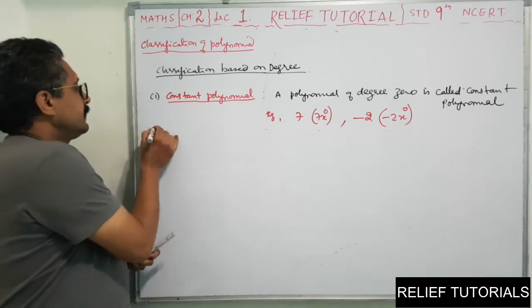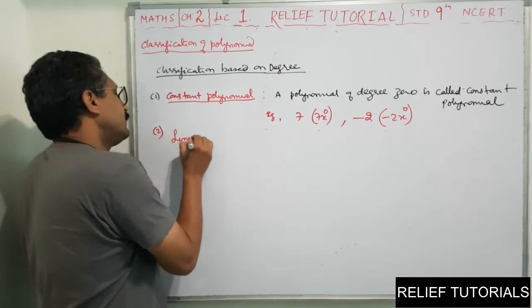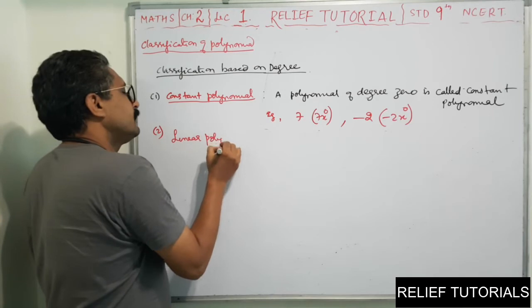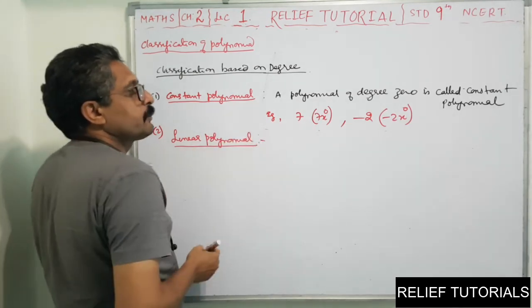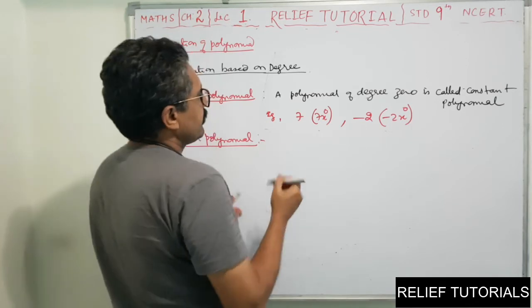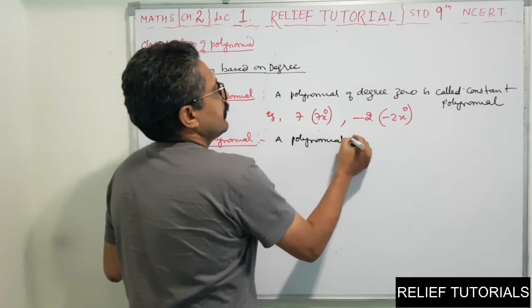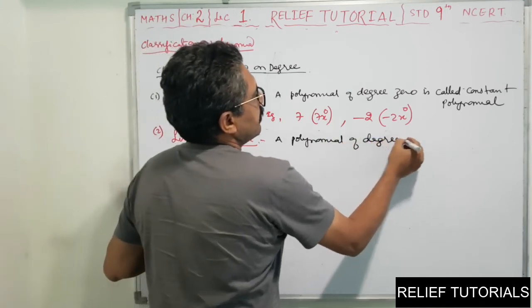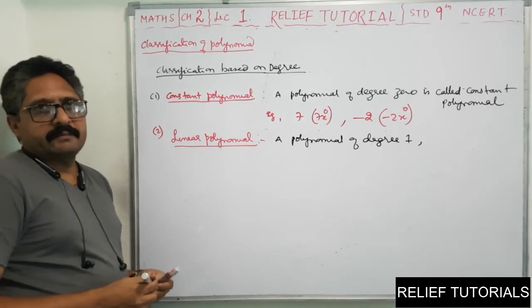Then comes the second, linear polynomial. A polynomial of degree 1 is called a linear polynomial.